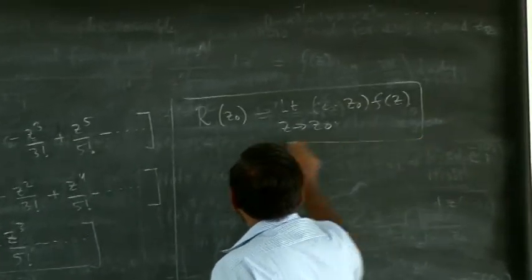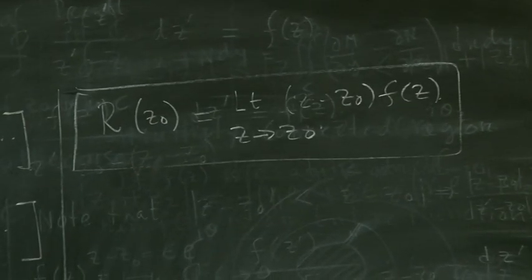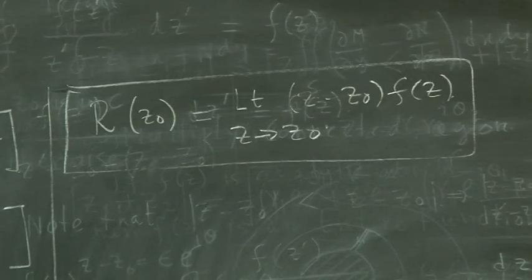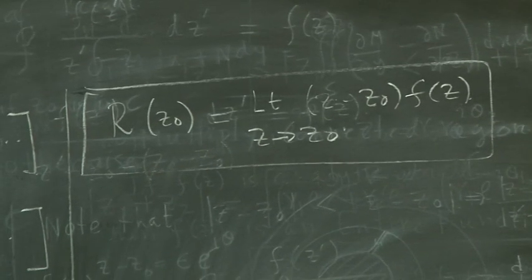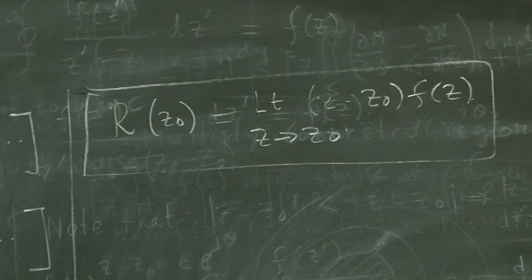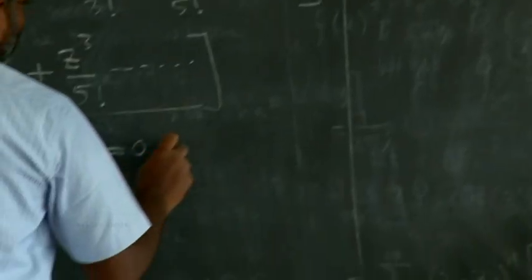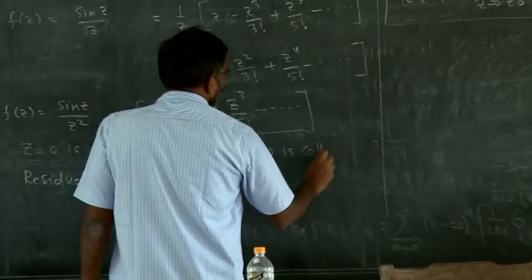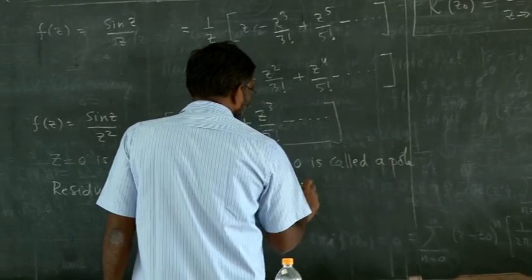This is how we can find the residue. So in this example, z equal to 0 is called a pole, or a simple pole.